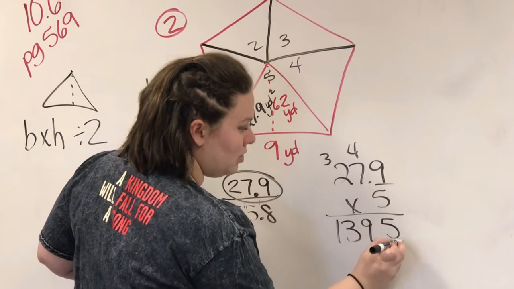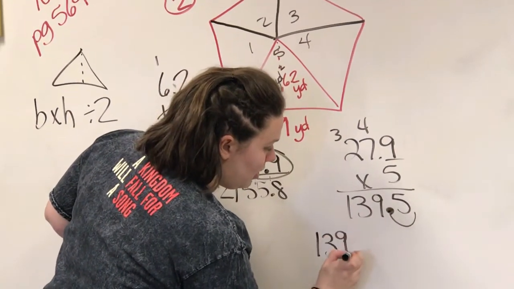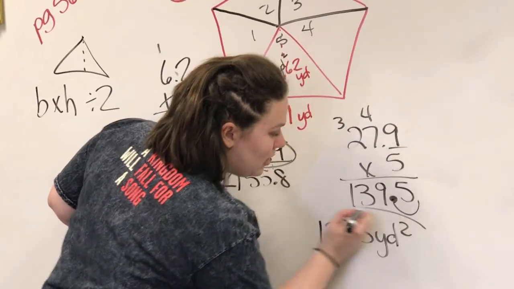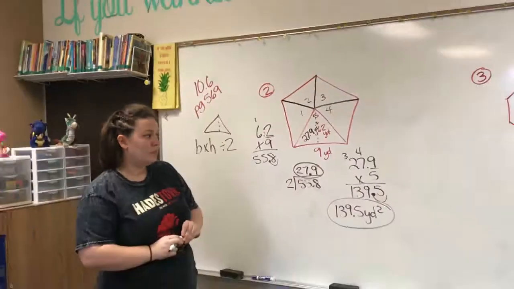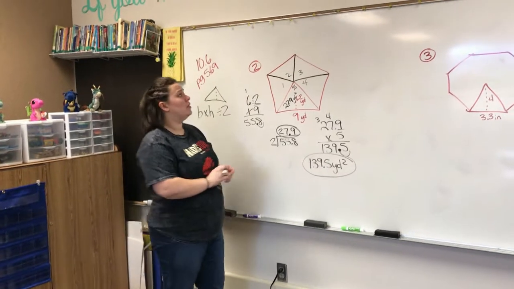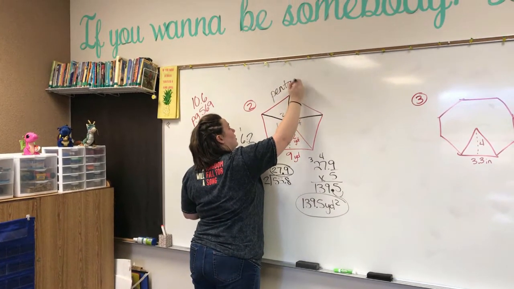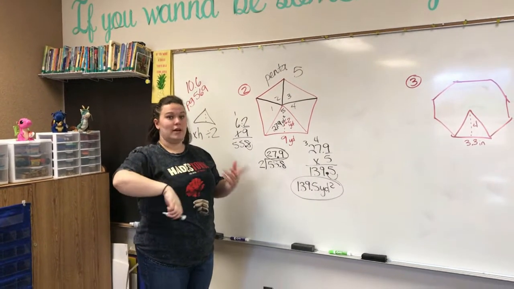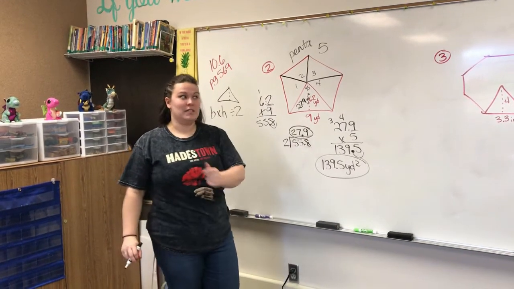With a 1 decimal place. 139.5 yards squared in that whole entire pentagon. Okay? If you don't know your shapes, if you don't know that a pentagon has 5 sides, you need to rewind life and you need to go learn that like really fast.